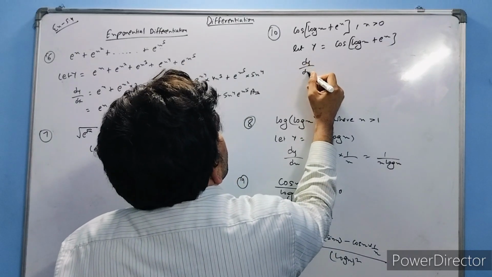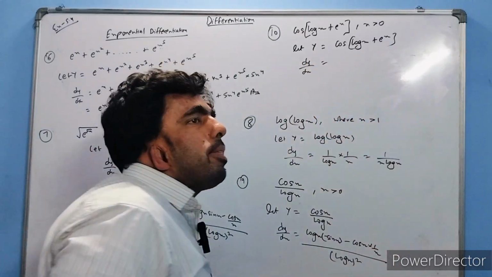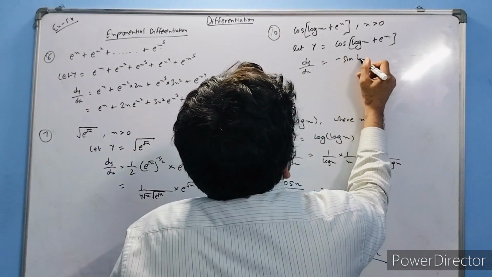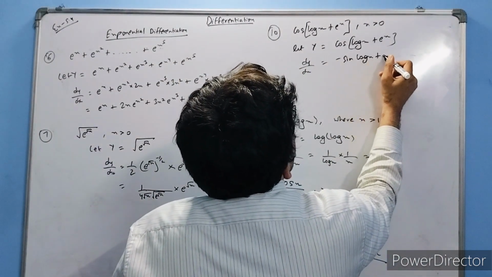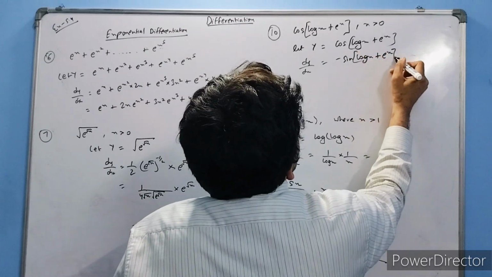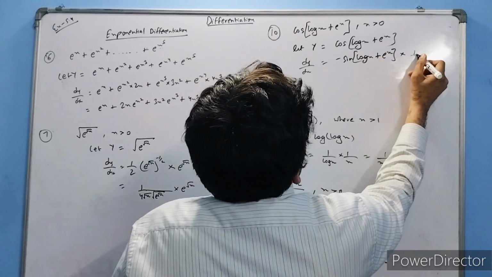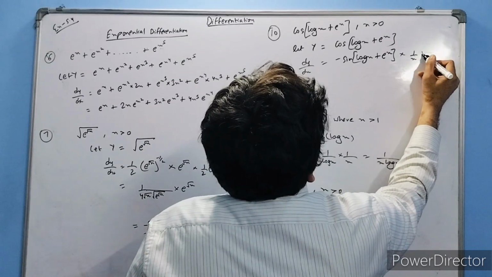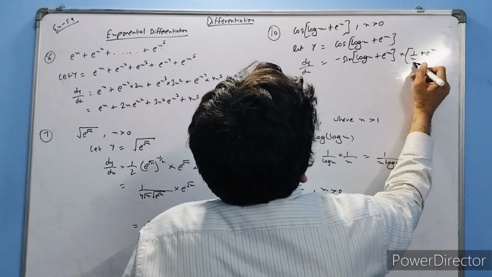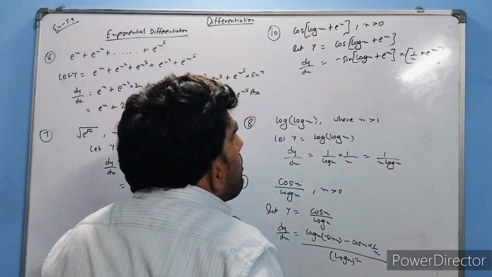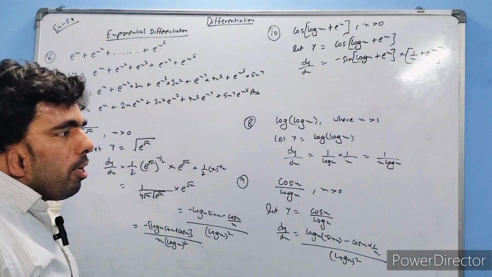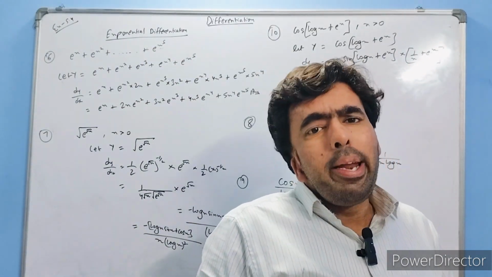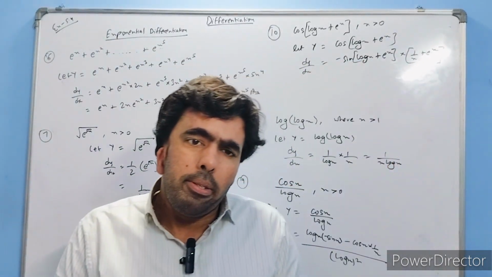We get dy/dx. The differentiation of cos is minus sin, so minus sin of (log x plus e^x), and then differentiating the inside we get 1 upon x plus e^x. So that is how we try to differentiate the exponential function.